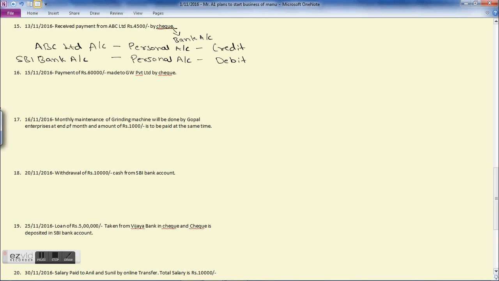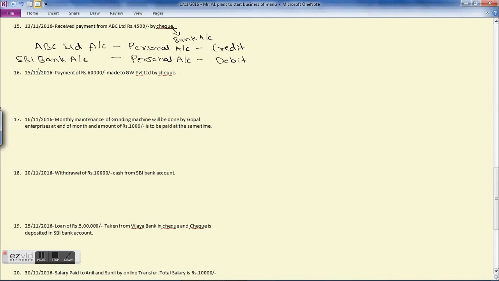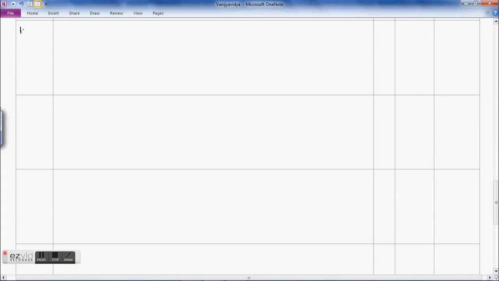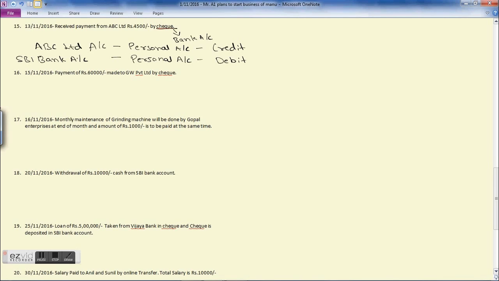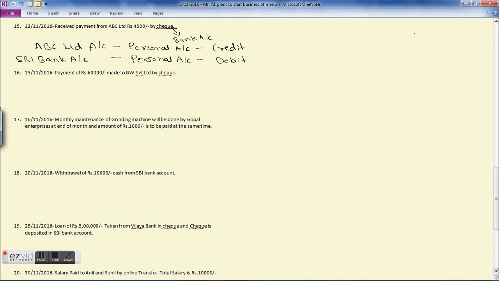Now let's pass a journal entry. What is the date? 13th November. Now what is the entry? SBI bank account debit to ABC Limited account. What is the amount? 4,500, right? Yes.